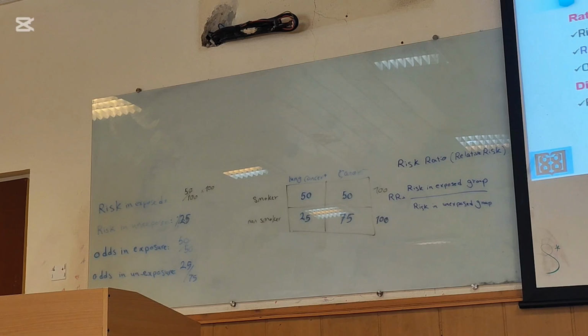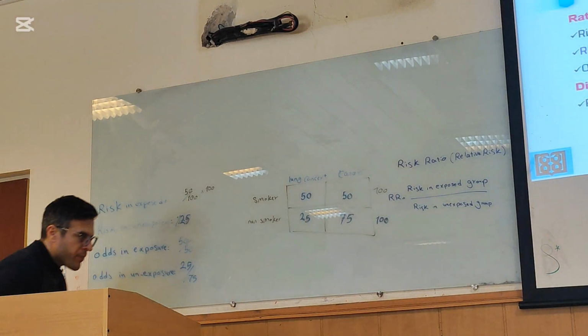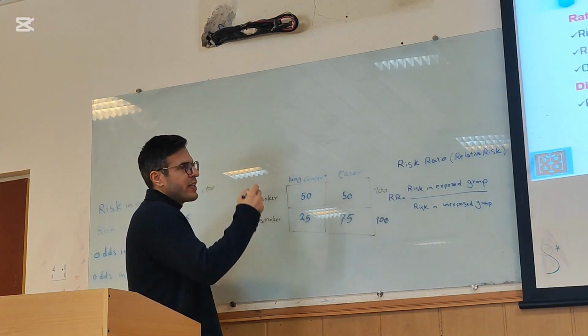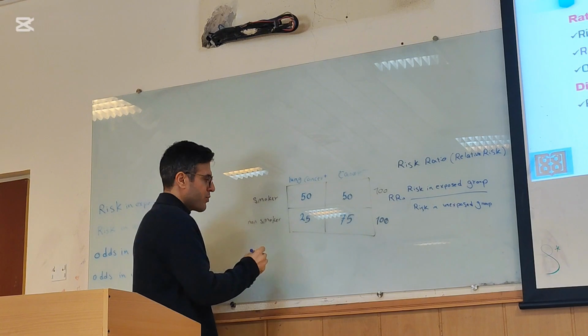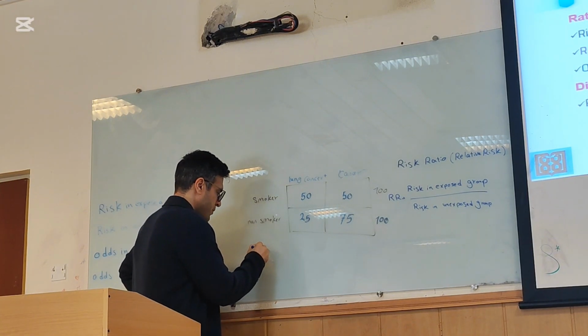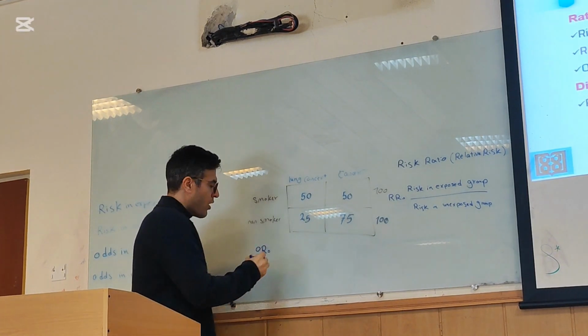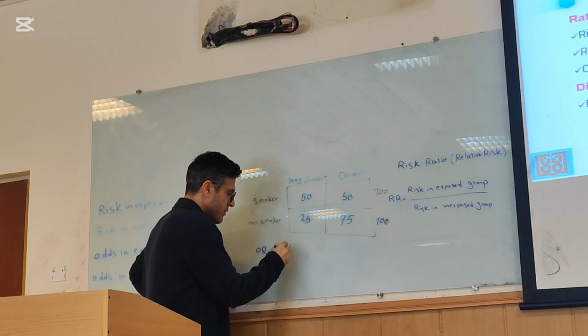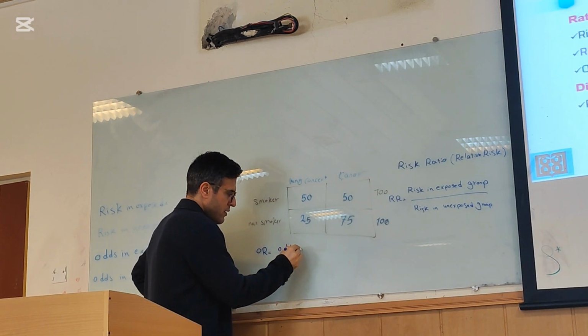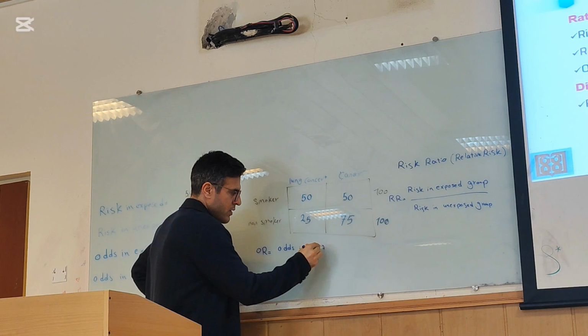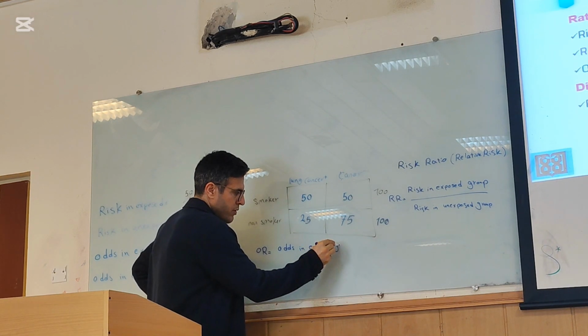And another index is odds ratio: odds in the exposed group divided by odds in the unexposed group.